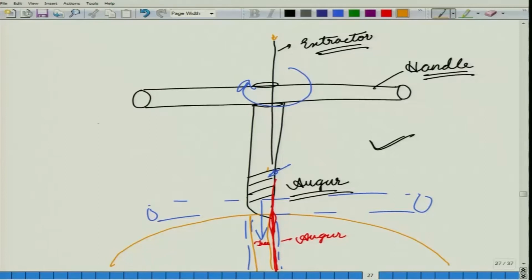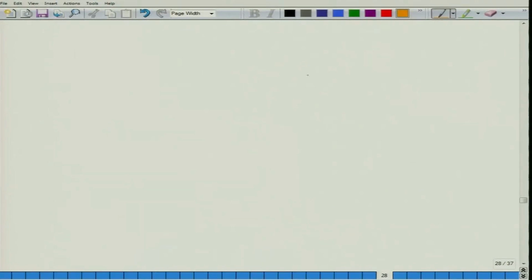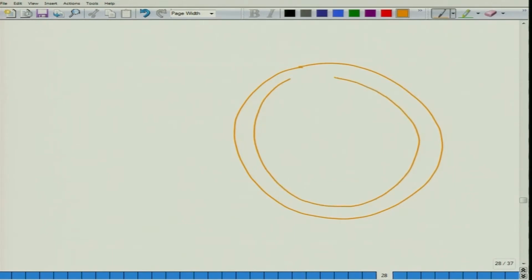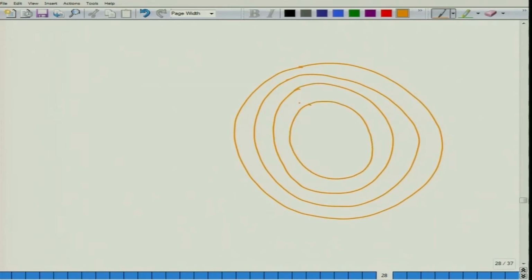When you take this core outside, it would be like a cylinder with all your tree rings as seen on the surface. These are the annual rings of the tree. Essentially, you have taken this tree with its annual rings, and then you have taken a portion of it outside in the form of a cylinder.